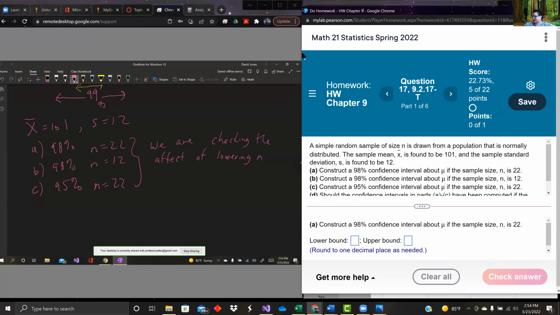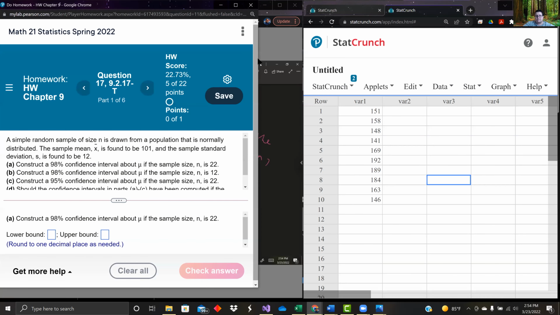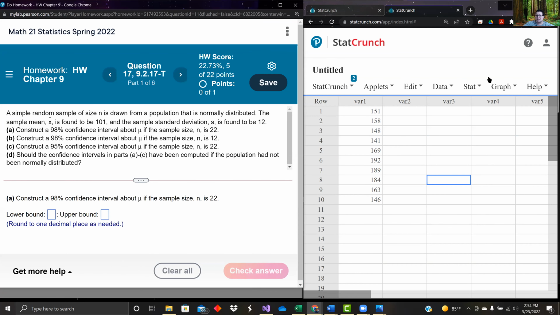We're checking the effect of lowering N. And then also lowering our confidence interval. So we're going to set a baseline here and see what happens with the other two. So they're trying to teach us something here. And I suspect it's related to the problem we just did. So let's just go about doing it.